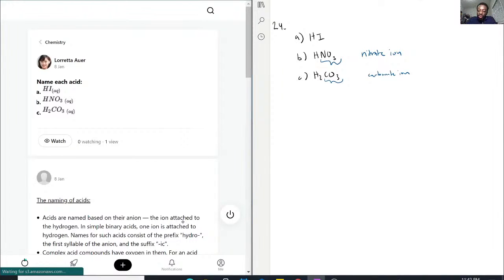What happens is that you drop the ate in ion and you add ic acid, okay? So this would actually be nitric acid, and carbonate would be carbonic acid. These things kind of have to be memorized. I am quite familiar with the different types of polyatomic anions, so I can recognize them quickly.